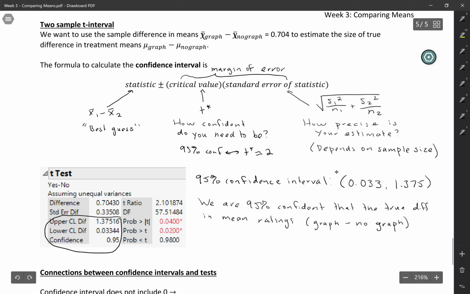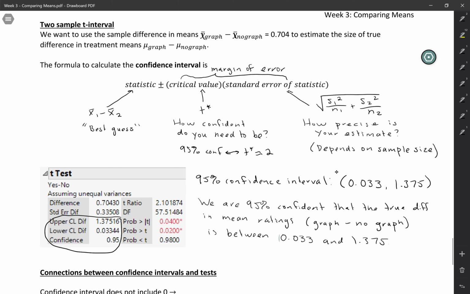The true difference in mean ratings, graph minus no graph, is in this range. So it's between 0.033 and 1.375. You could also say that including the graph increases the average rating by 0.033 to 1.375. Either one of those are okay.